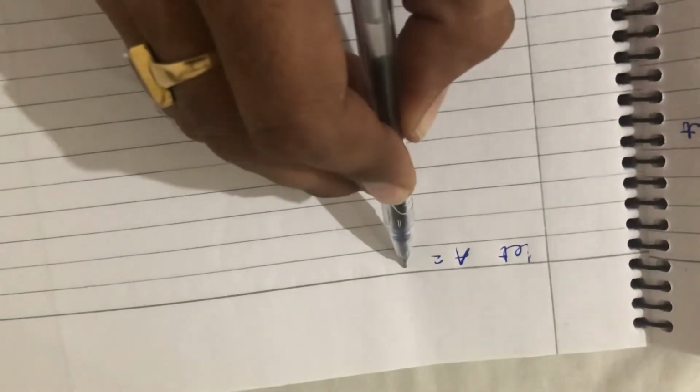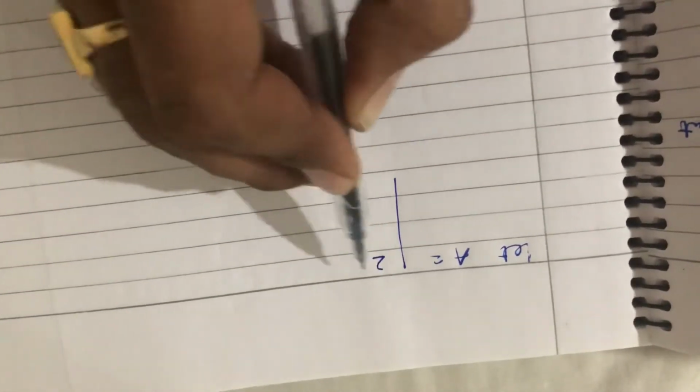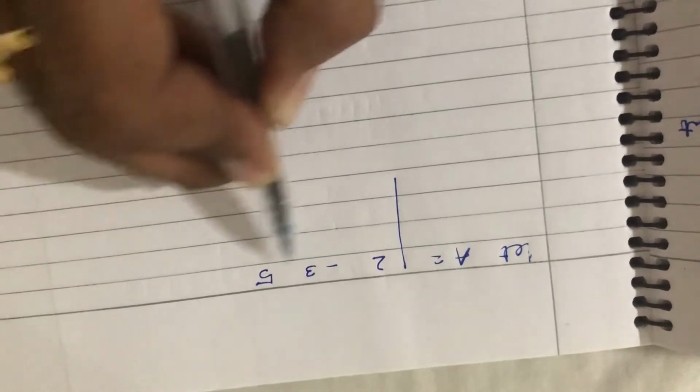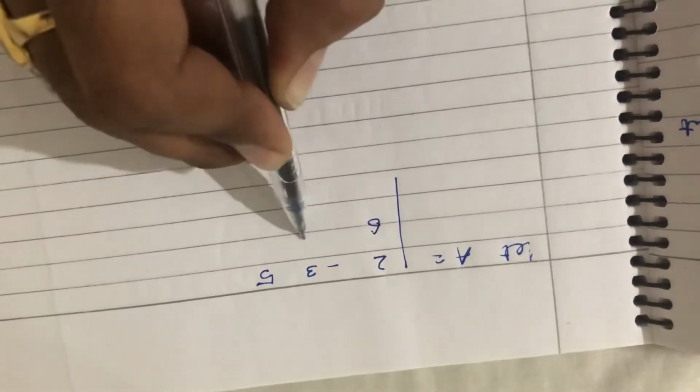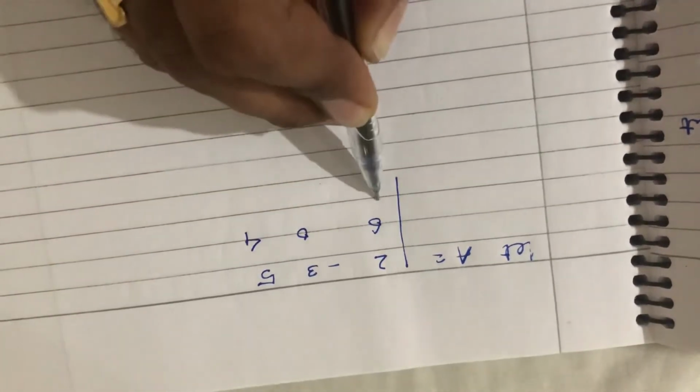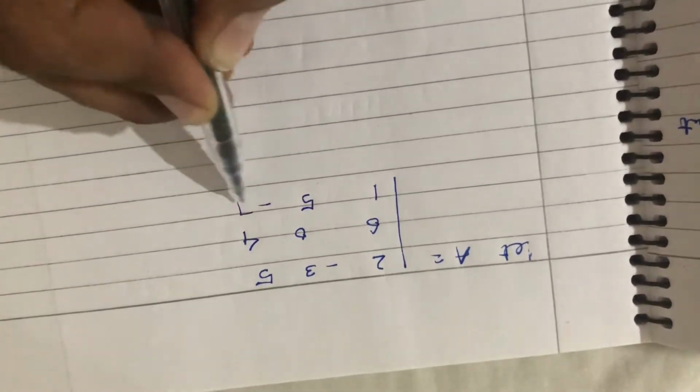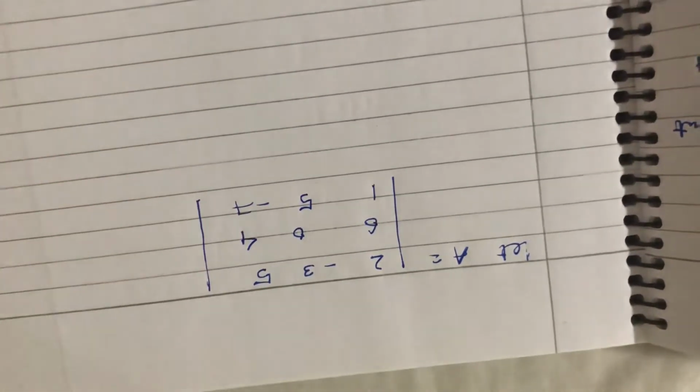Suppose we have the determinant with rows 2, -3, 5; 6, 0, 4; 1, 5, -7.